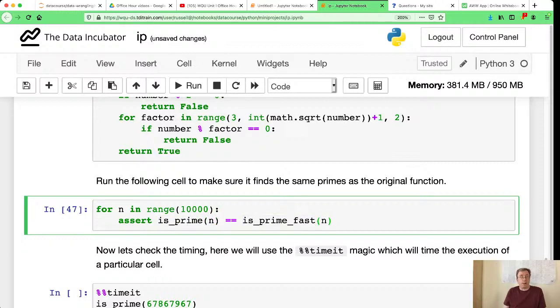These are returning true-false values. Is this true-false value equal to this true-false value for every n in this range? If it's not, then something has gone wrong. You have to determine where they differ or how they differ.